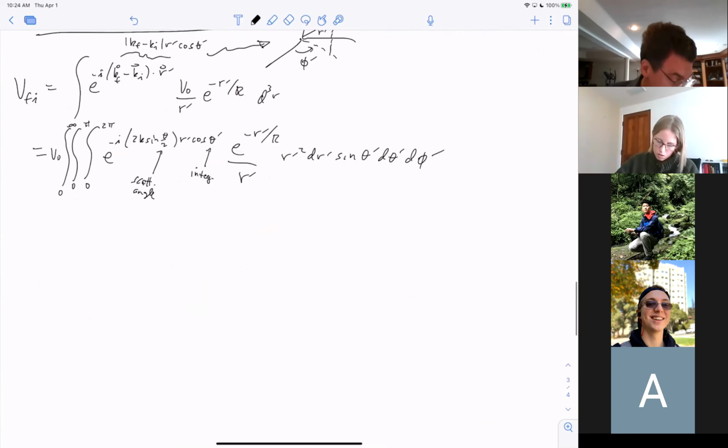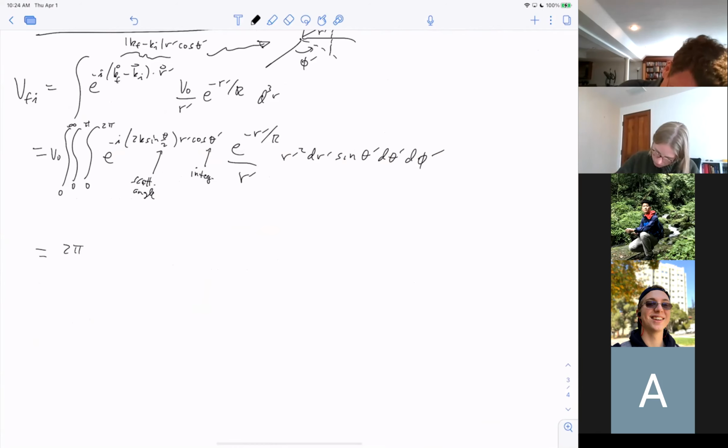And now once you've set the integral up like that, then it becomes really simple, because you can separate the angles. Everything separates really nicely. I'm not going to do all the details, but I'll do a few details to get this. The radial part becomes simple: r prime e to the negative r prime over big R. And then the angular part.